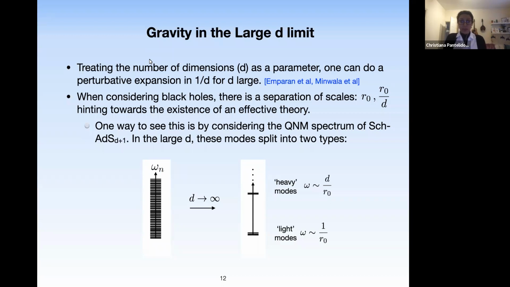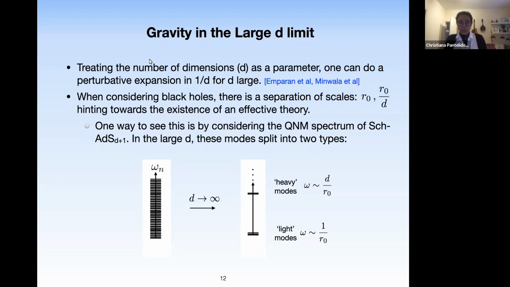It turns out to be a good idea for black holes, because in your system you have two scales: the radius of the horizon, r0, and one more scale, r0 over D. As D becomes large, there is a separation of scales between these two parameters. And whenever you see separation of scales, this hints towards the existence of an effective theory.